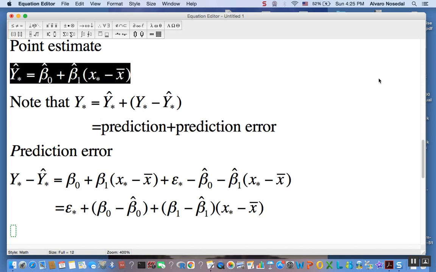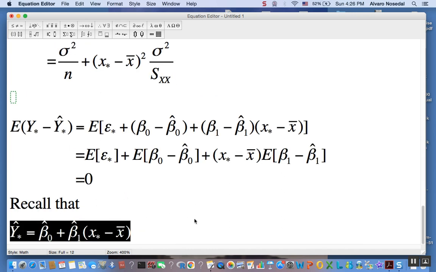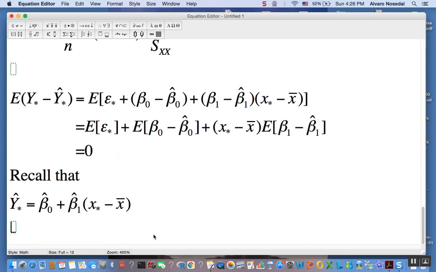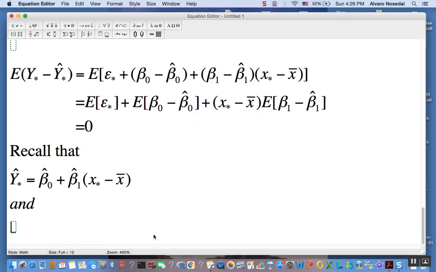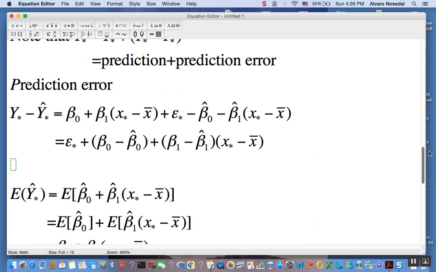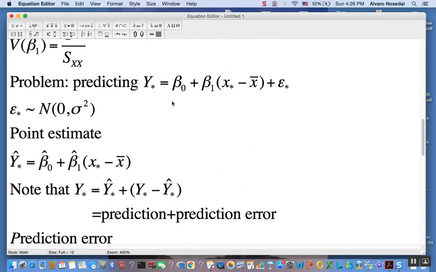So recall that y hat star is defined like that, and also we are going to remind ourselves how y star is defined, right? So y star is just something similar to that, but with the unobserved error term, this guy here.